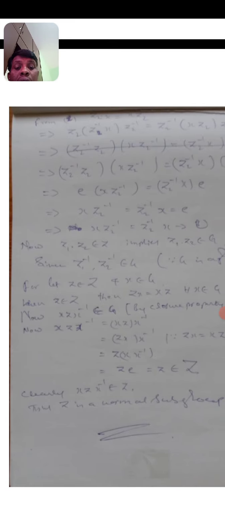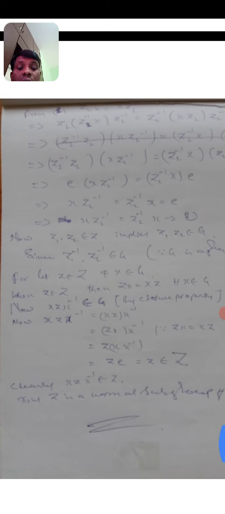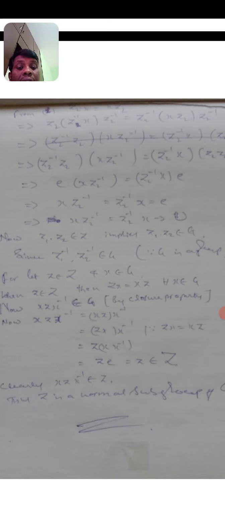Now let an element z belong to the center Z and x belong to G. When z belongs to Z, then zx is equal to xz for all x belonging to G. Now x z x inverse belongs to G by the closure property.